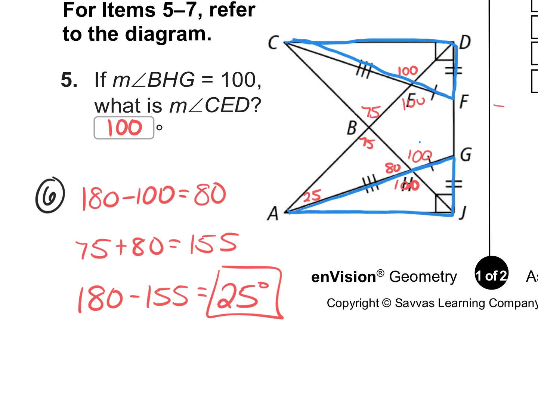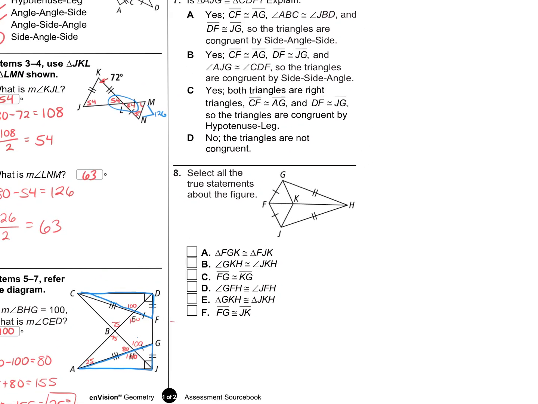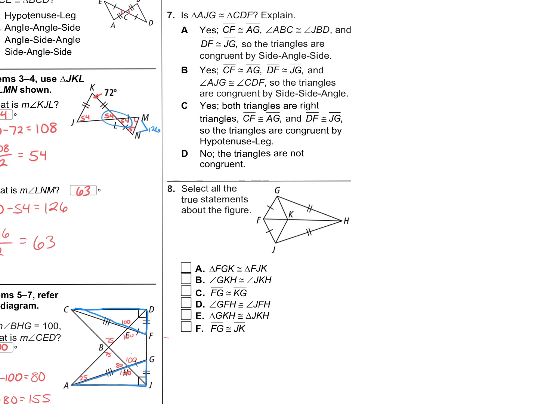What do you notice about the multiple choice options on number 7? Do they have a lot of words and junk? Yes. What do we care about? Do we care about all of this? No. We care about these statements right here, or the no.